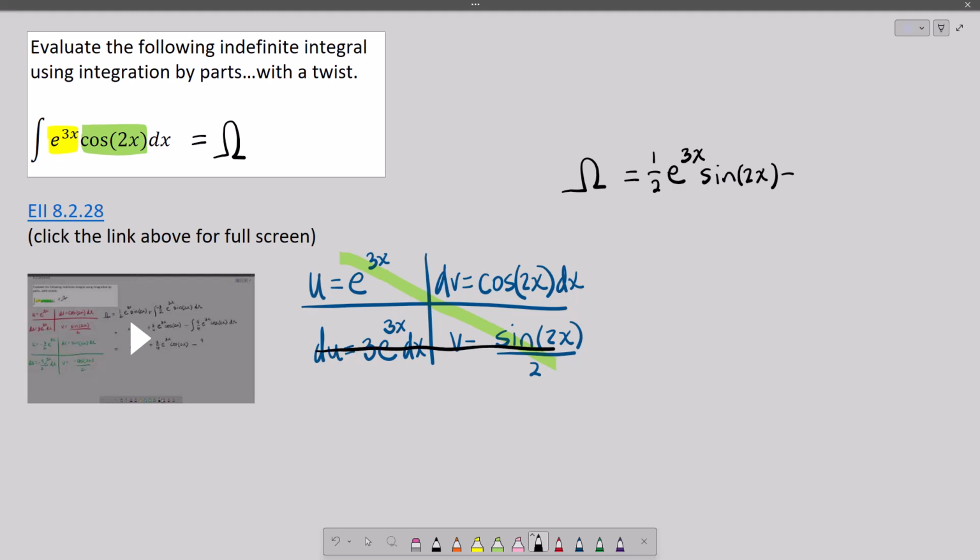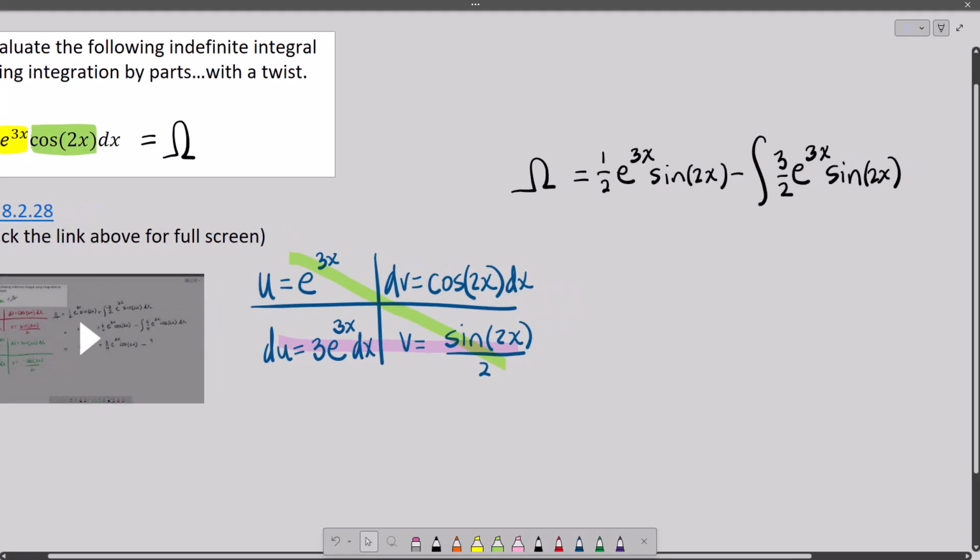So v du is the bottom row, the voodoo part. I'm going to put the constant together. It looks like a 3 in the numerator, a 2 in the denominator, so I'll call that 3/2. And then the exponential, e to the 3x, and then the trig, sine 2x, and then a dx.